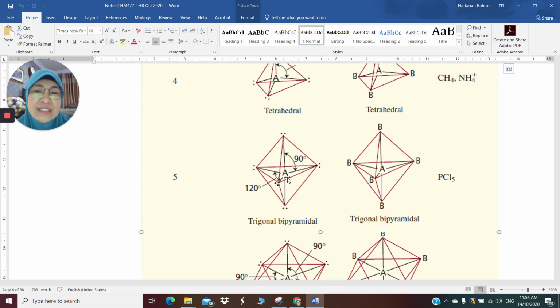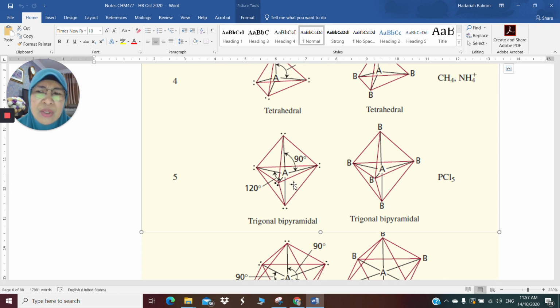Two pyramids with a triangle base, one at the top, one at the bottom, with two different bond angles. On the horizontal, you have 120 degrees, and on the vertical it is 90. So it's very easy to imagine how these five electron pairs repel one another.